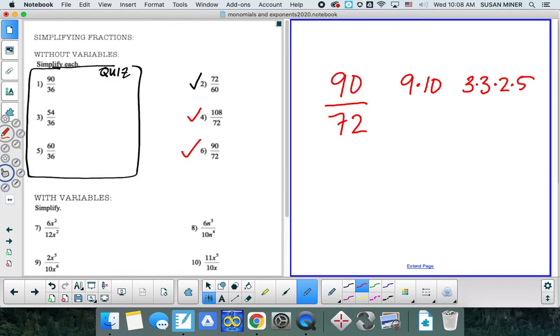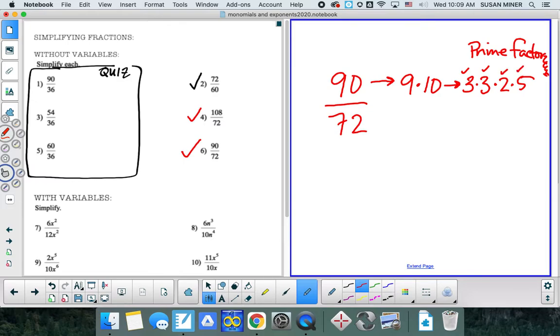So I've taken this and I've broken it out into all of its prime factors. We call that prime factorization. And so all of these numbers over here are prime numbers. They cannot be factored out any farther.